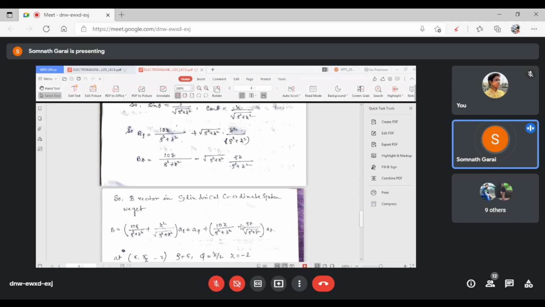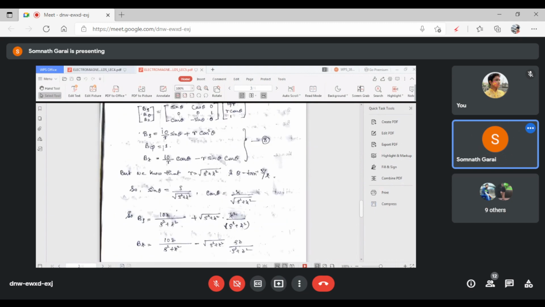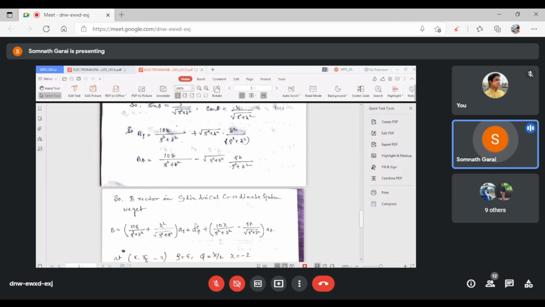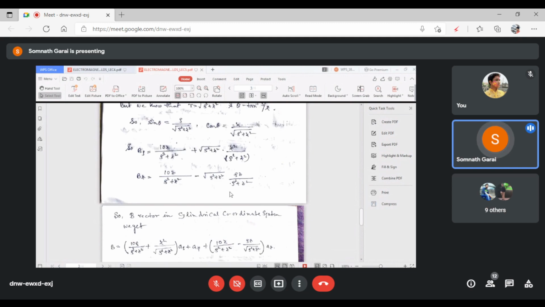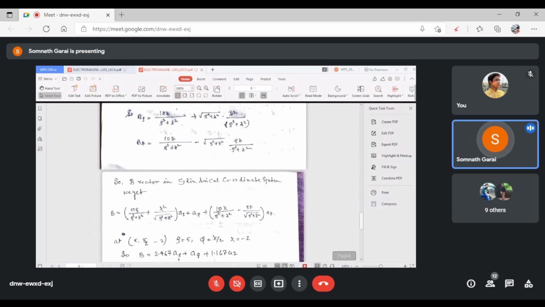So we put the value: B rho into a rho plus B phi, which is 1, into a phi, and then Bz into az. Bz is equal to 10z by rho square plus z square minus rho z by root over rho square plus z square into az.